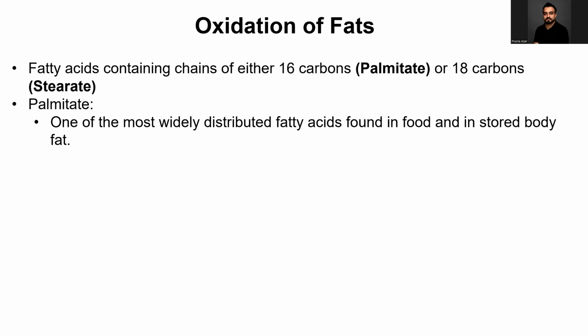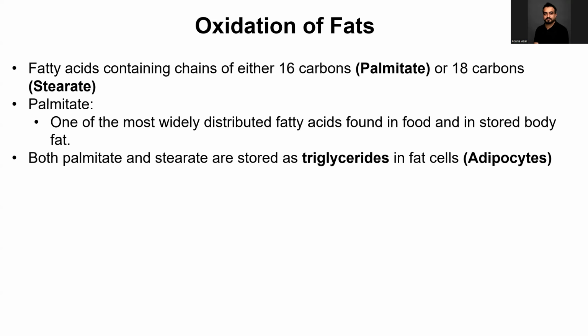And palmitate is one of the most widely distributed fatty acids found in food and in stored body fat. Both palmitate and stearate are stored as triglycerides in fat cells or adipocytes. So we call the fat tissue adipose tissue, and the fat cells are called adipocytes, which means the cells of fat tissue or adipose.